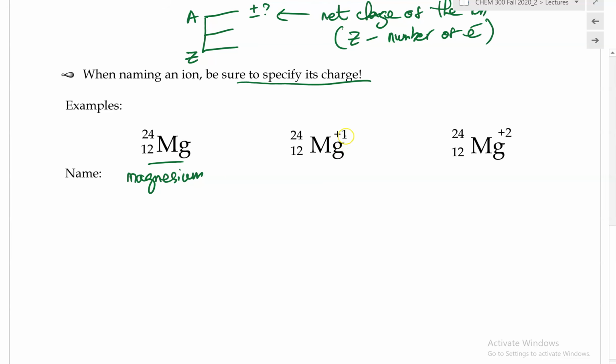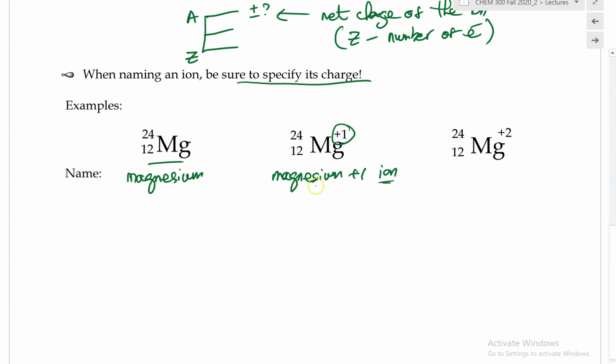Versus this one right here, this is the magnesium ion, and in this case it has the +1 charge. So to name this, we would name this as magnesium +1 ion. We can use cation or simply ion, because when we use the word ion here, and the fact that this is positive, it already implies that this is the cation.